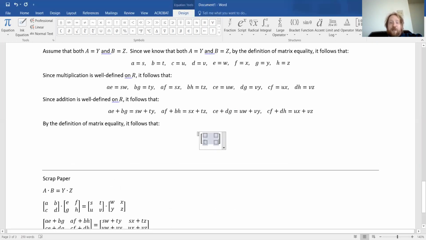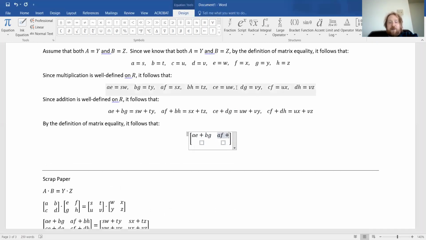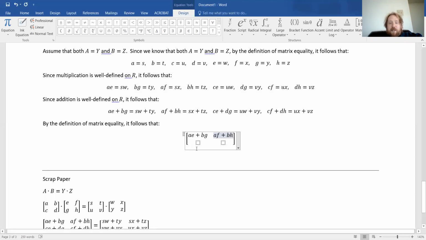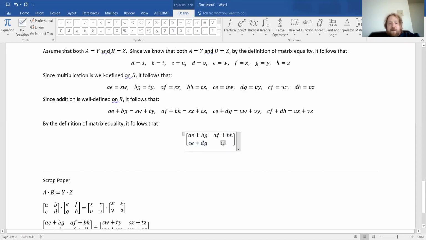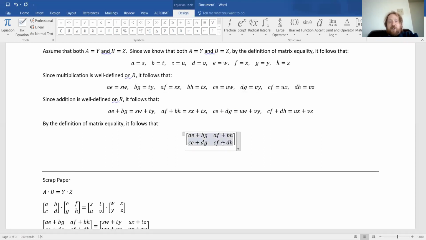If I take the entries on the left of each equal sign, AE plus BG, AF plus BH, CE plus DG, CF plus DH, that's going to equal.